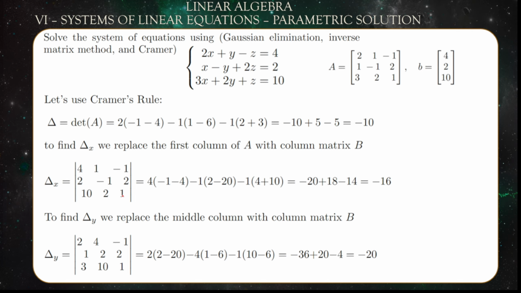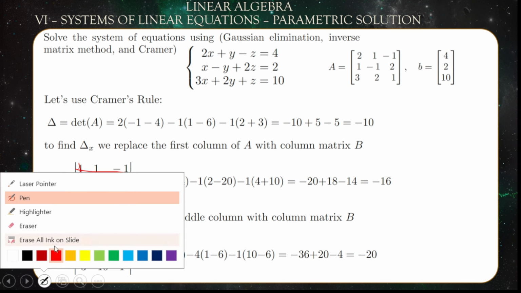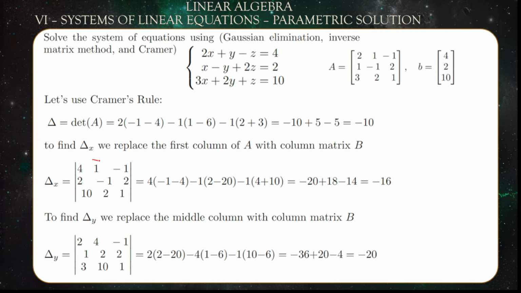Now we need to evaluate the determinant delta x, which is equal to 4 multiplied by minus 1 times 1 minus 4, so 4 times minus 1 minus 4. Then minus 1 multiplied by 2 minus 20, correct?